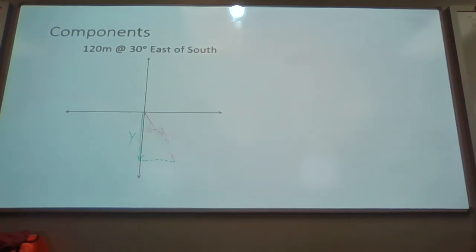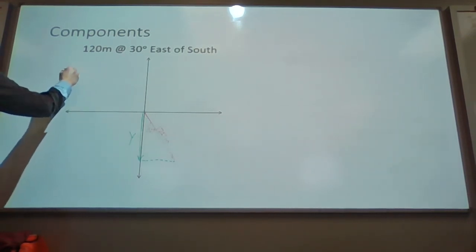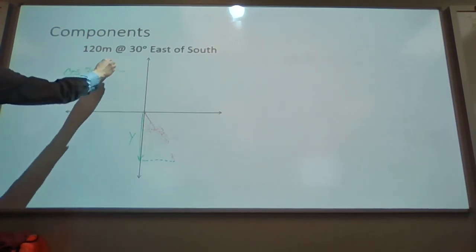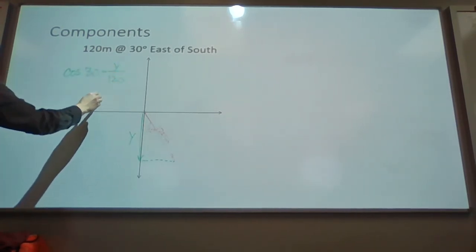Tell your neighbor how you might possibly calculate the value of the y component. So what are you going to use? Cosine. Cosine of 30 is equal to adjacent over hypotenuse.